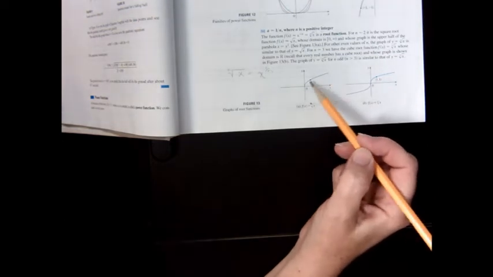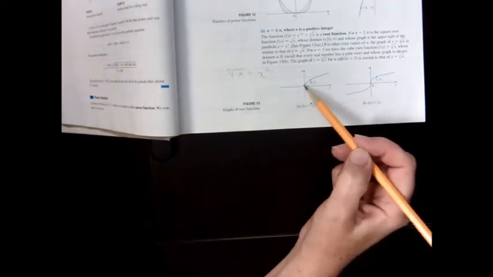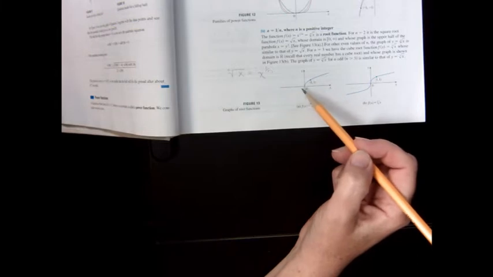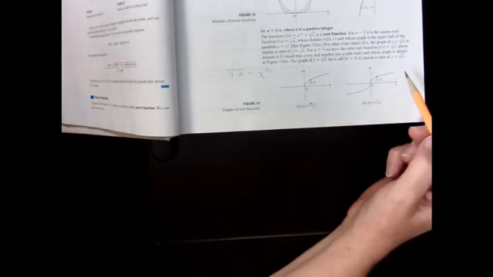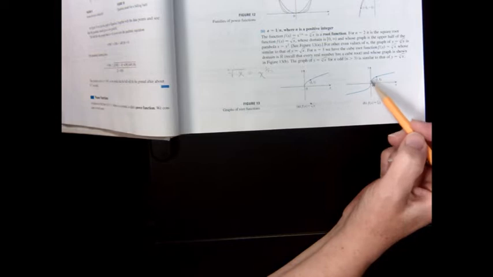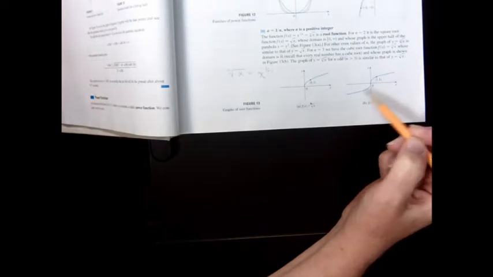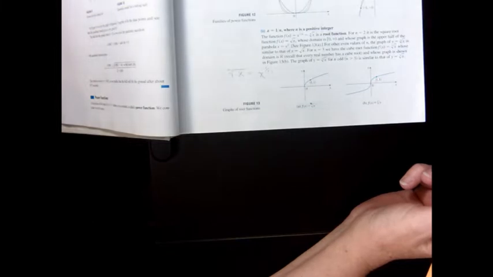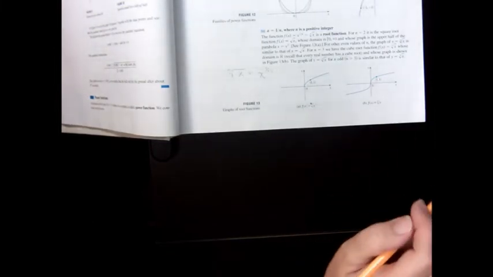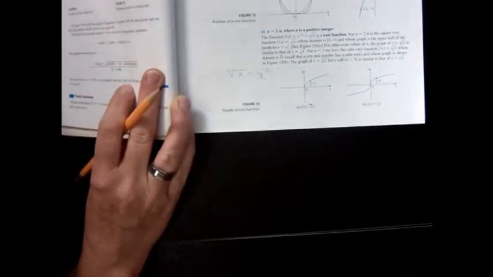So that's why if the root function is even, you'll have it look like this. However, if the root function is odd, this is your cube root of x, then it can go underneath the x-axis. In other words, the cube root of -8 is -2, because -2 times -2 times -2 is -8. Okay? So those are your root functions.